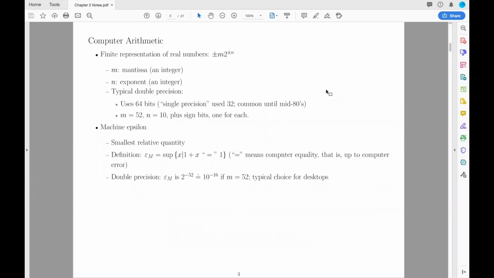Now, the big problem with using computers is that they use computer arithmetic. We're used to doing mathematics where there's an infinite number of integers available, an infinite number of rational numbers available, and an even bigger infinite number of real numbers available for our analysis.